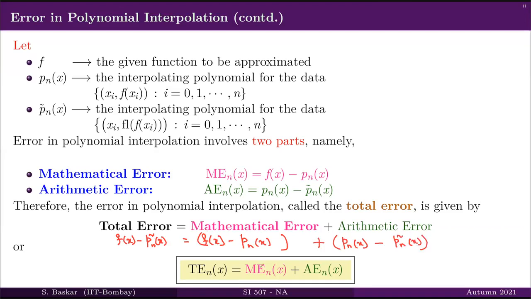Therefore, the total error is nothing but the mathematical error plus the arithmetic error.